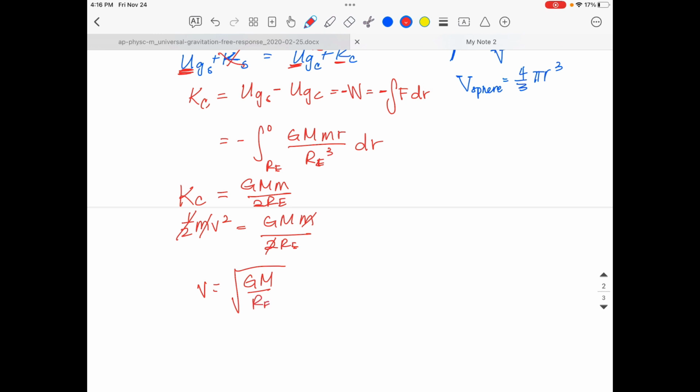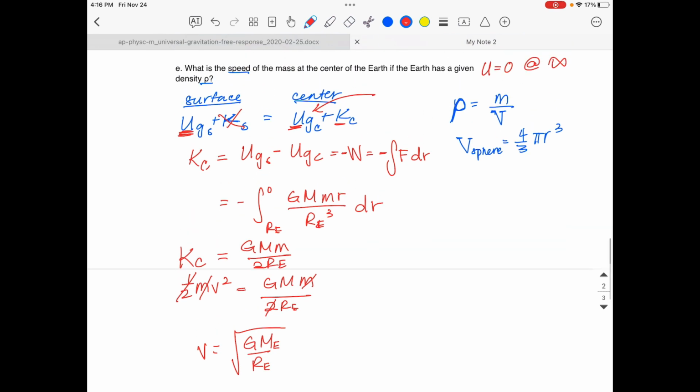v is equal to the square root of G M over radius of the Earth, which I wish we could say we're done. This is the mass of the Earth, radius of the Earth, but they did give us rho, which means that we need to figure out how to incorporate that into our equation. So if we're working with rho, we know that the mass of the Earth is equal to rho times volume of the Earth, and the volume of the Earth is 4/3 pi radius of the Earth cubed.